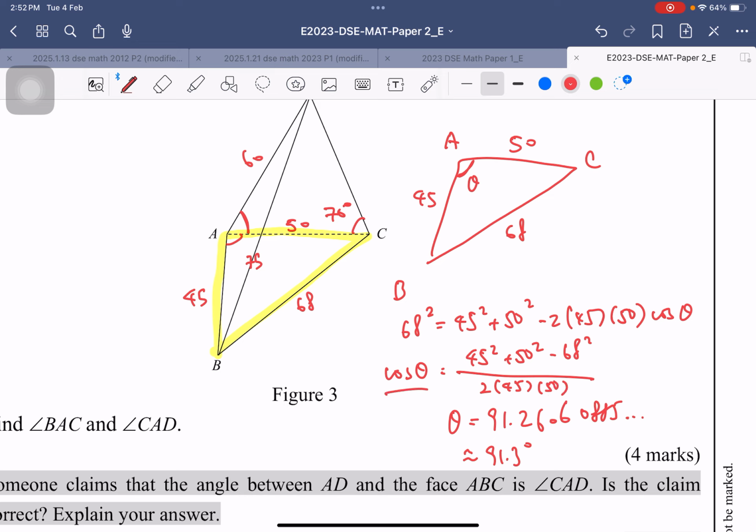You calculate cosine theta first. Oh, because it's times cosine as well. Okay? Get it? John, can you get it?